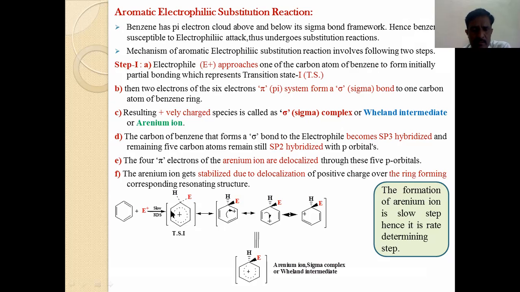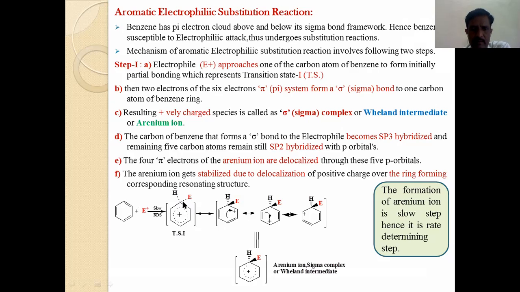Now, 2 pi electrons are utilized to form the bond between this ring carbon and the electrophile, and the remaining 4 pi electrons are continuously delocalized from one carbon to another within the ring. That's delocalization, as I have shown here.